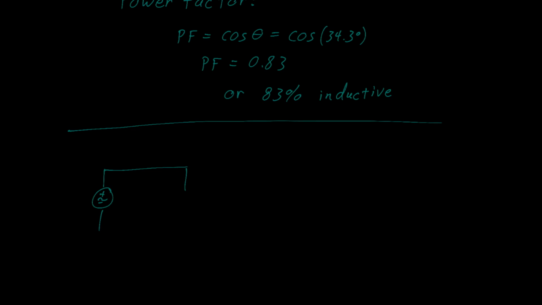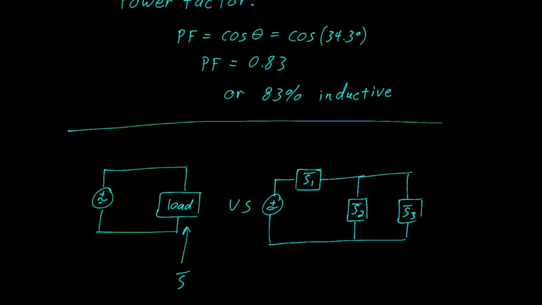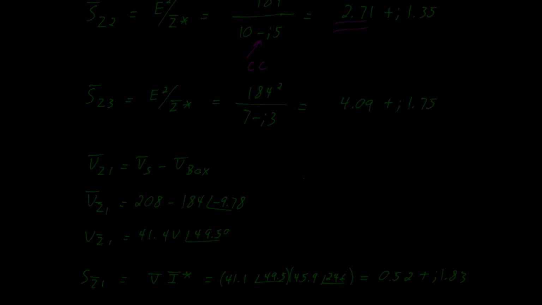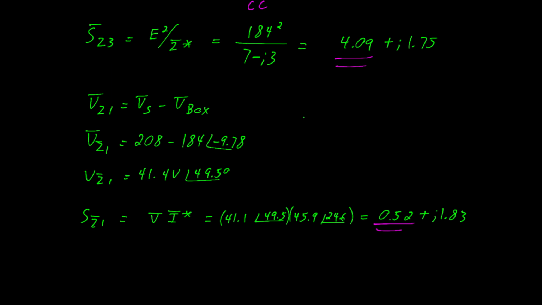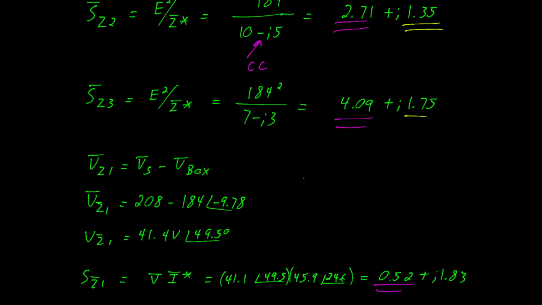Now, you remember this piece where we said that the total complex power was equal to the summation of the individual powers? Well, that's what we're going to do now. Here, we underline in purple the real component for each of the three powers. We're going to take the summation, that's the sigma symbol there, of the real pieces, which is about 7.3 kilowatts.